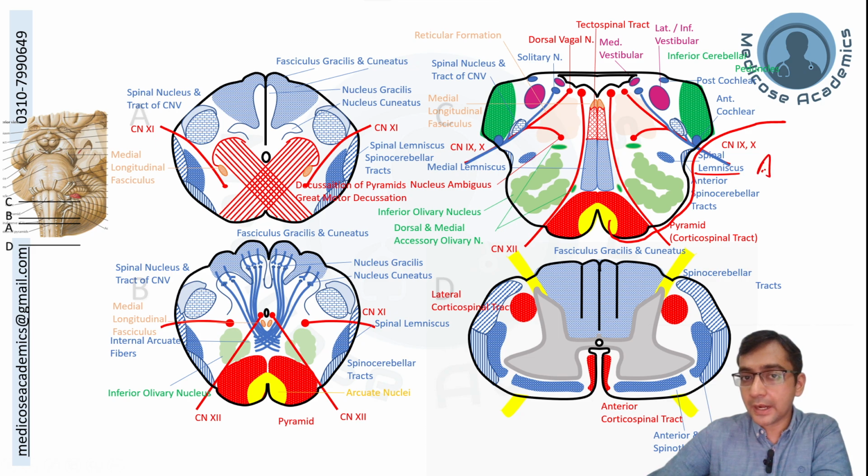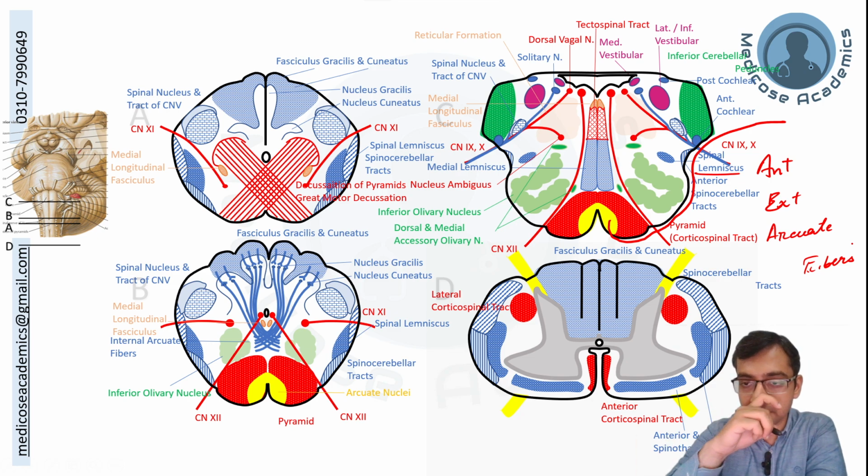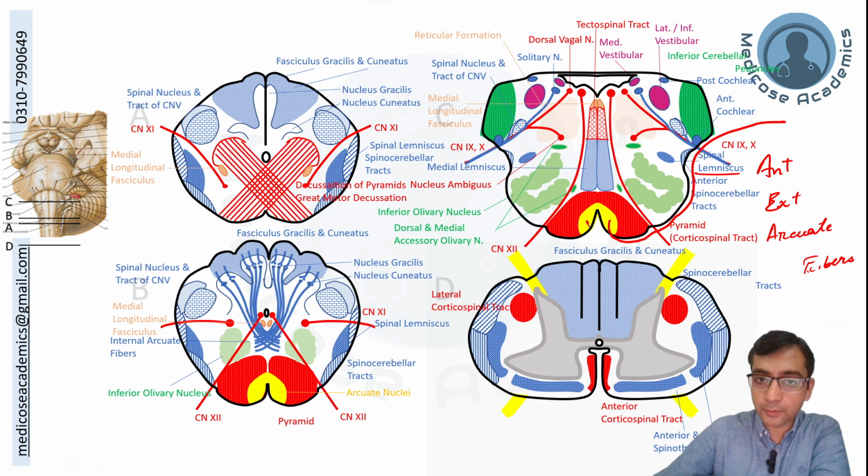These are called anterior external arcuate fibers. These fibers go like this, actually from the opposite side, and then there are fibers that will go through the back, and from here they will go to the cerebellum.